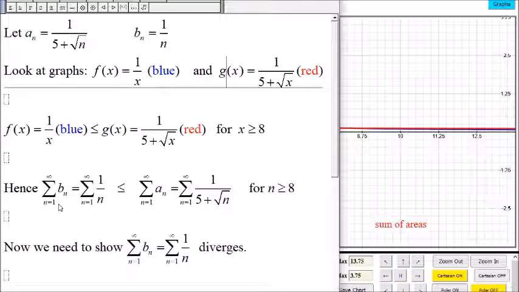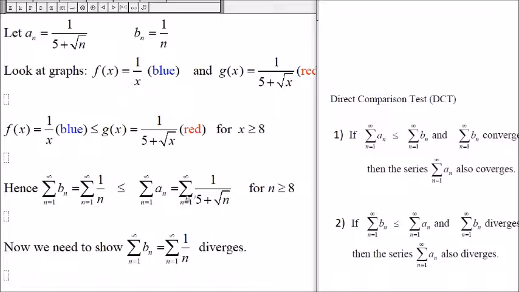Now, even though the series starts at 1, we do not care about the first few terms. What we care about is from 8 on. And so now we have shown that the series b sub n is less than or equal to the series a sub n.